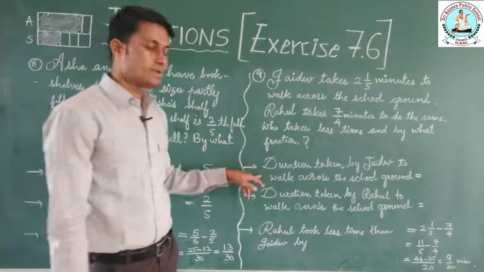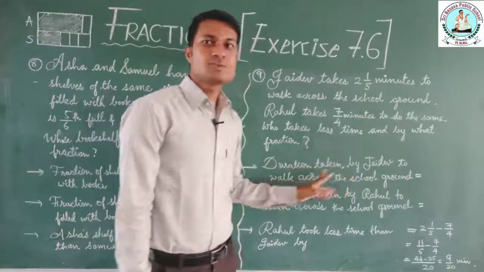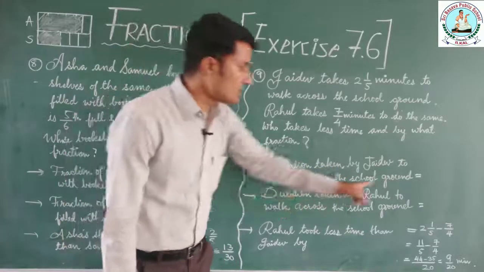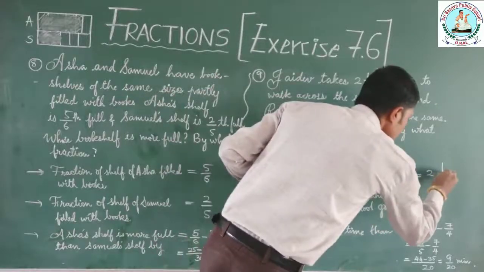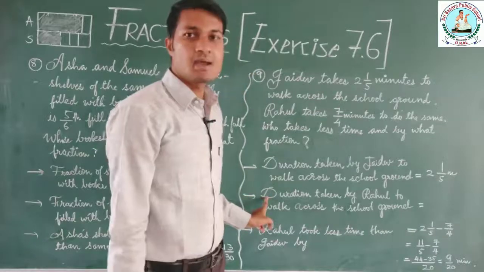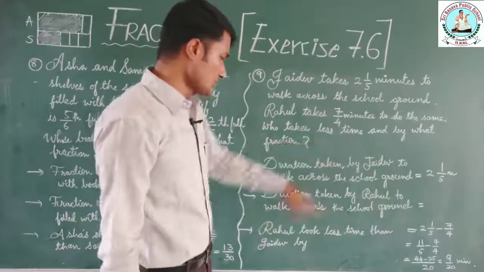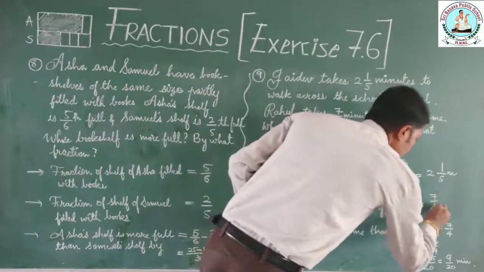So again, first we need to write the first sentence as duration taken by Jaydev to walk across the school ground. How much? That is 2 1/5 minutes. Then second sentence is duration taken by Rahul to walk across the school ground. How much is it? 7/4 minutes.